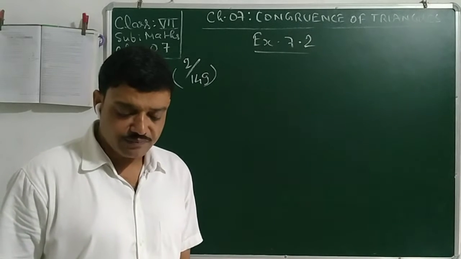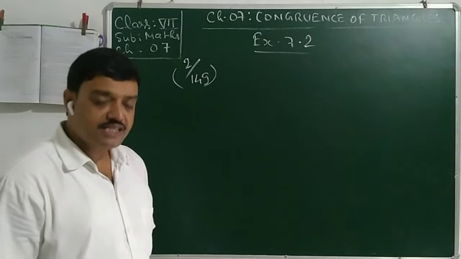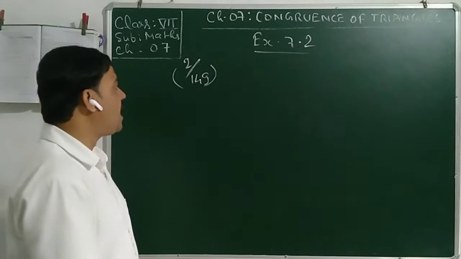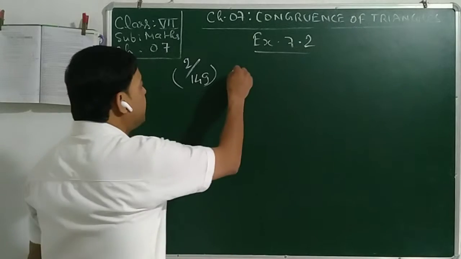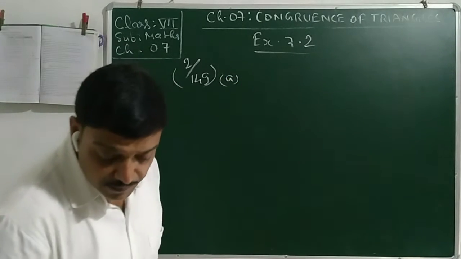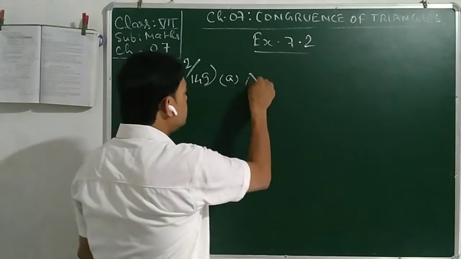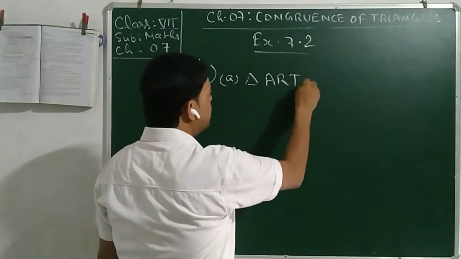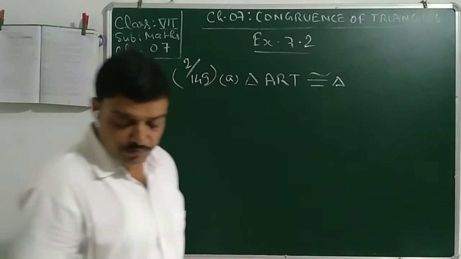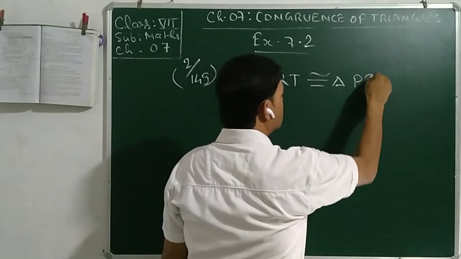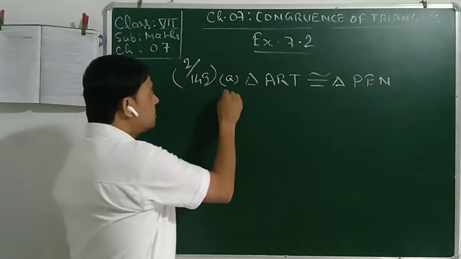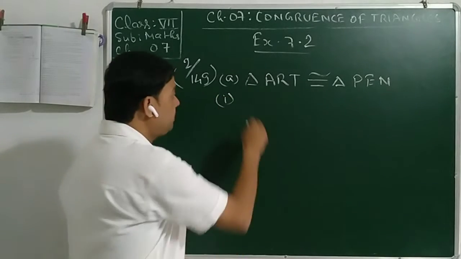In this condition, if you have to use the SSS criterion, then you need to show the matching sides. The condition is given as in the first part, triangle ART is congruent to another triangle, PEN, and to show the congruence, the matching side will be AR.